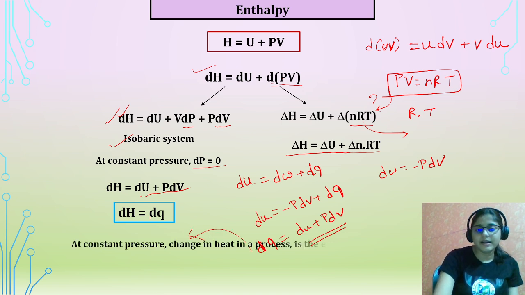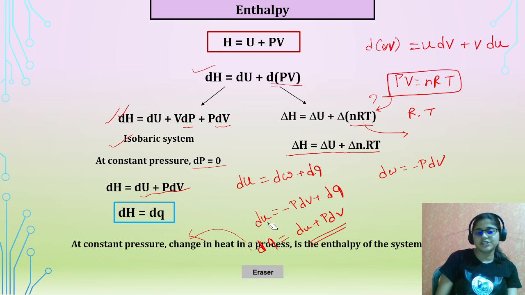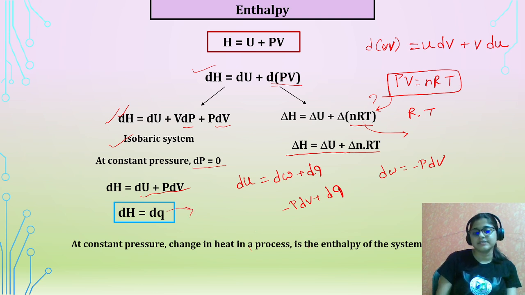So here we can put dq equal to dH. One definition of enthalpy is that at constant pressure, the heat change in a process is the enthalpy change. Actually, the enthalpy change of the system will be there.